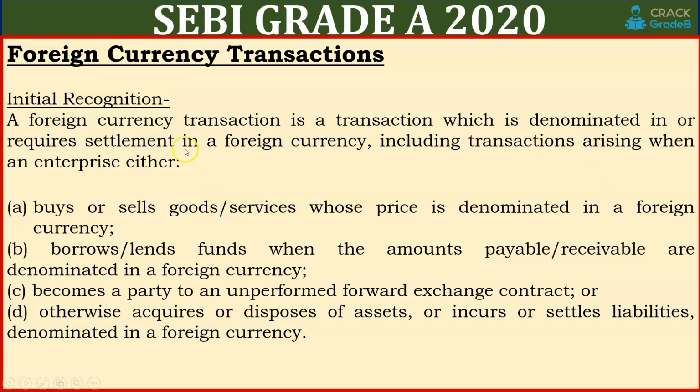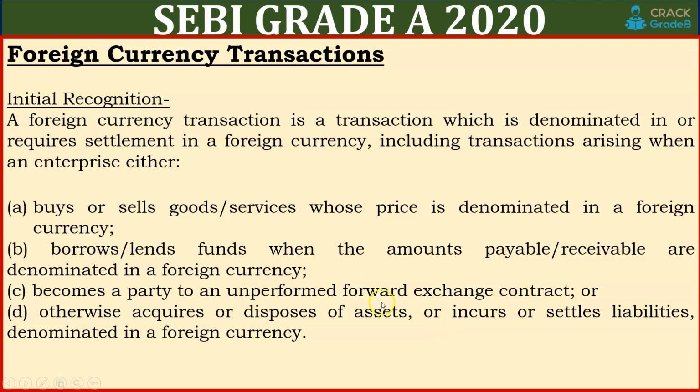These also include transactions when you buy or sell any goods or services in that foreign currency, or borrow or lend funds when the amounts payable or receivable are denominated in foreign currency, or become a party to an unperformed forward exchange contract.